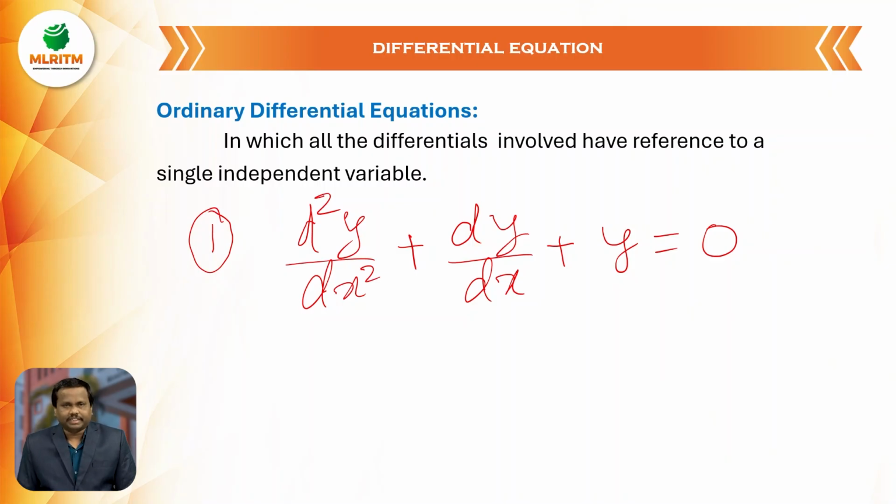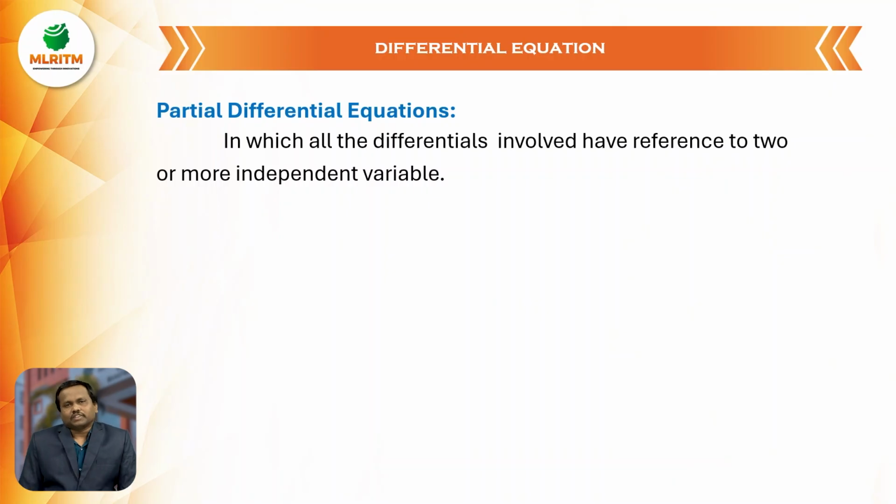Only one independent variable is present, so that's why we can call it an ordinary differential equation. Next we go to one more classification, that is the partial differential equation. What is a partial differential equation? Two or more independent variables occur in this type of differential equation.